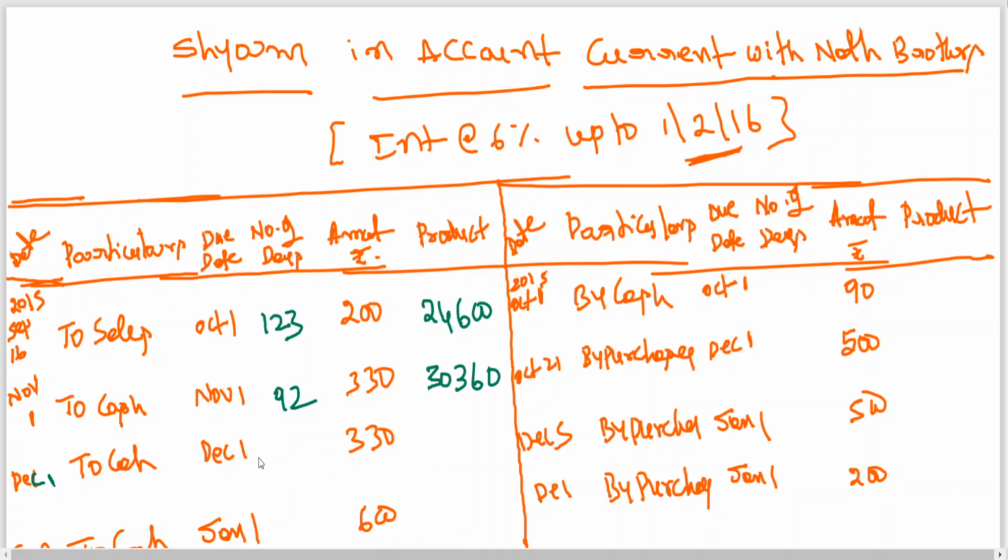December 1st, 330 amount. How many days? December balance 30, plus January 31, plus February 1, 62 days. 62 into 330 is 20,460.